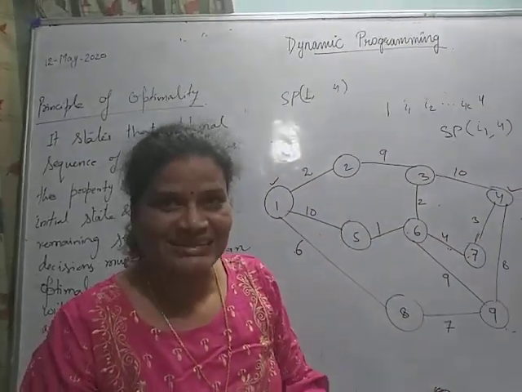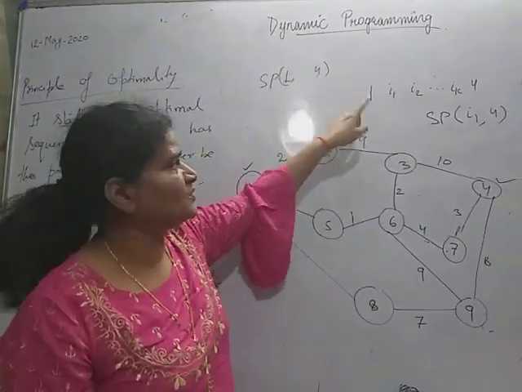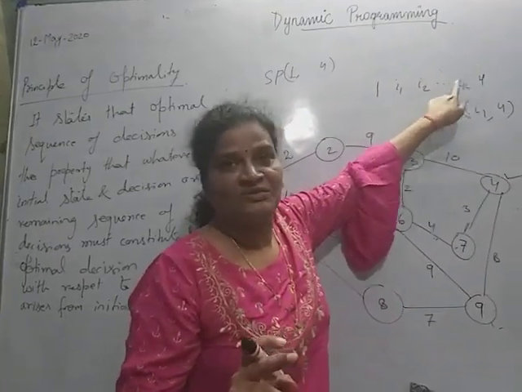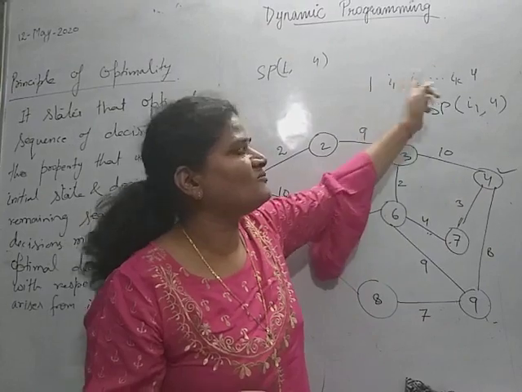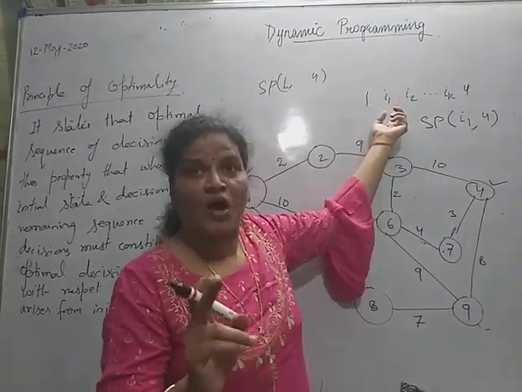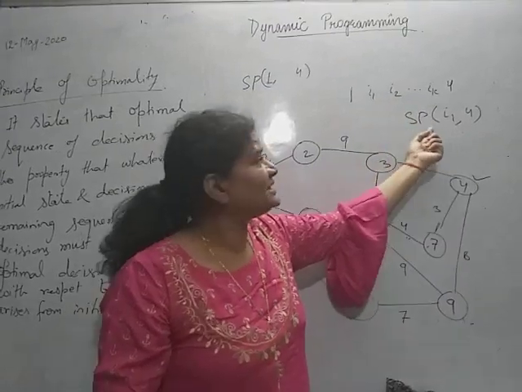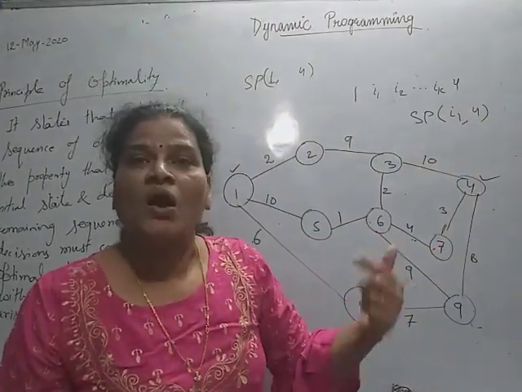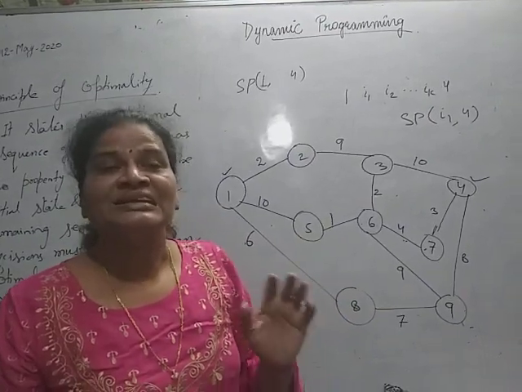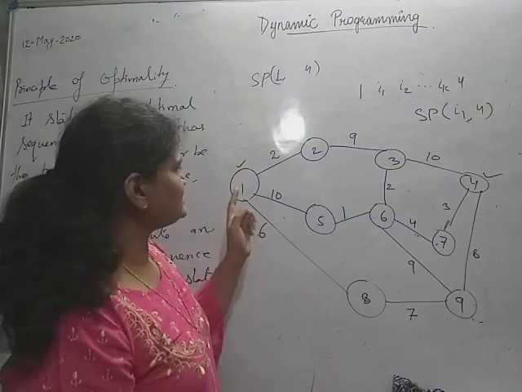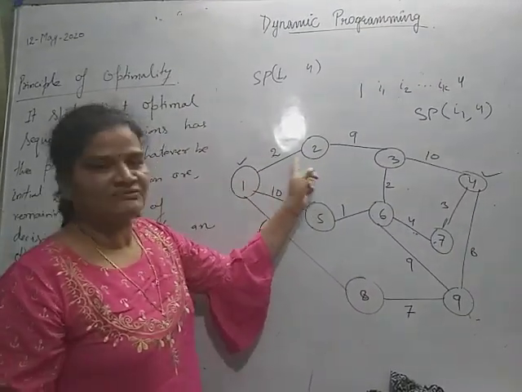If this sequence is giving the shortest path from 1 to 4, then I1 to 4 must constitute an optimal sequence of decisions; only then does the principle of optimality hold. Suppose I have taken the decision for 2.